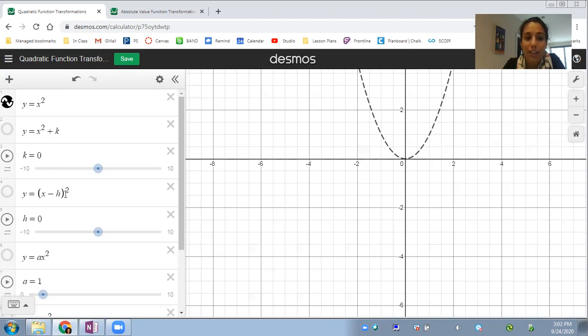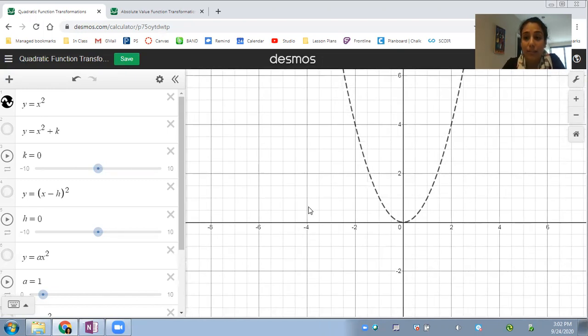Notice that squared is on the outside. It's like we took that x, we put parentheses around it, and then we stuck an h inside of it, okay? It is directly affecting the x, okay? You gotta remember that. If something is directly affecting the x, it is going to move along the x-axis, meaning it is going to be horizontal. Let's look at that. So if I move this up, look, it's moving to the right and to the left.